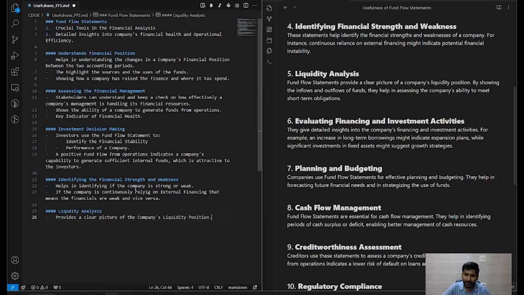So by showing the inflows and the outflows of the funds, they help in assessing the company's ability to meet the short-term obligations. By inflows and outflows, we can assess the company's ability to meet the short-term obligations.